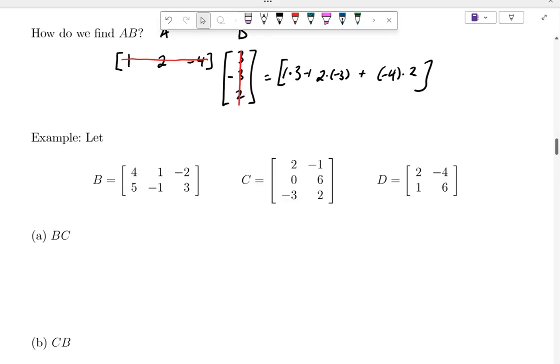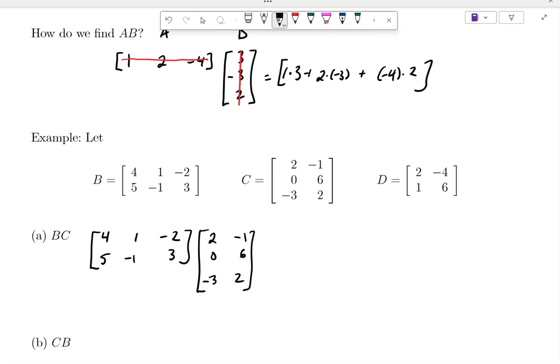In this example, we're going to do B times C. All right, so first, do these have the right sizes in order to be multiplied?